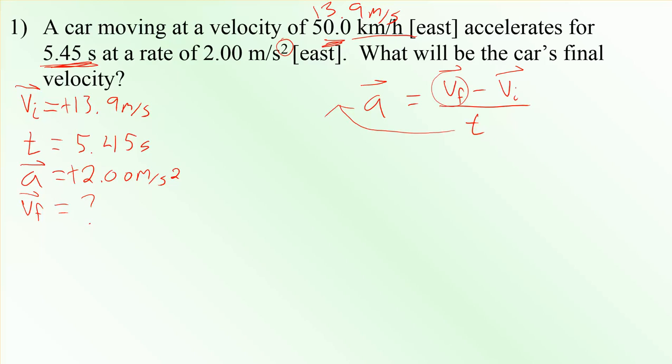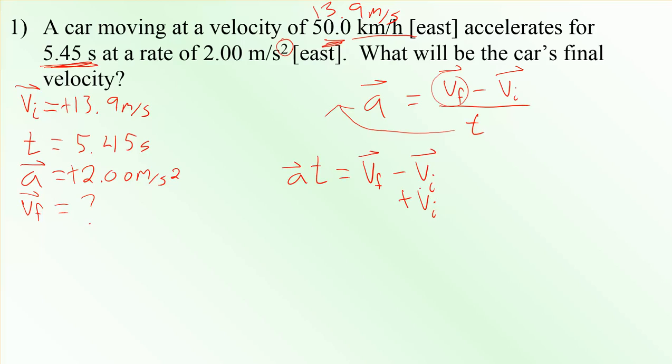So I'm just going to rewrite this. So I'm going to say acceleration times time is equal to final velocity, which we're looking for, minus our initial velocity. So we need to get rid of one more thing. It's minus Vi on this side. So all I'm going to do is go plus Vi.